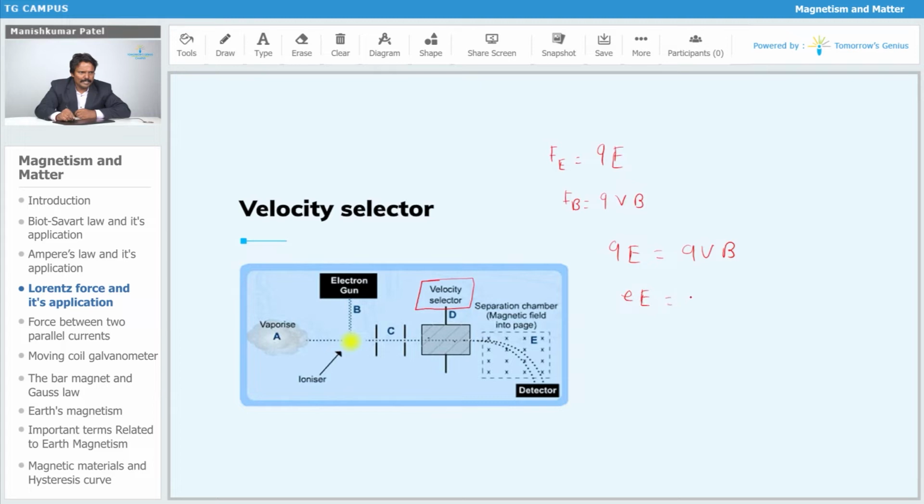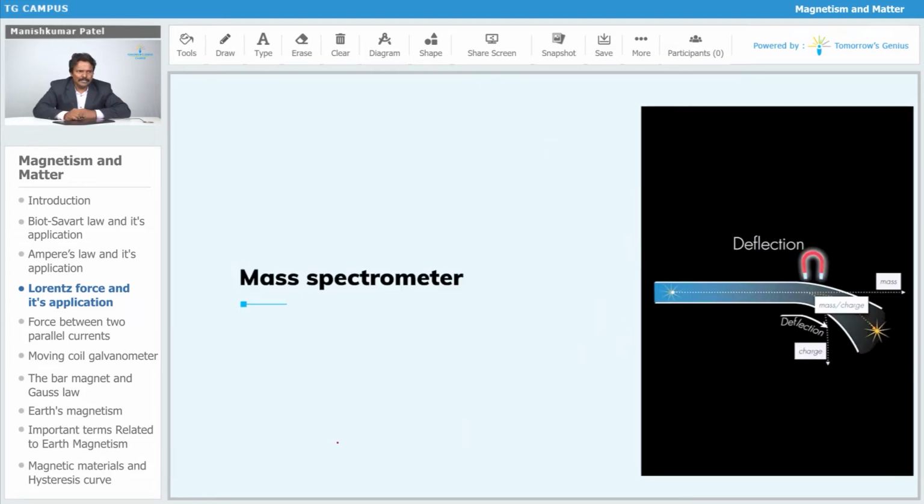Let's say this is eE and this is eVB. So the eE cancels, and the velocity becomes E upon B. This is the velocity for which there is no deflection of the charge, and for other velocities it will be deflected. So under this condition the charge remains undeflected, and that is why we call it a velocity selector.